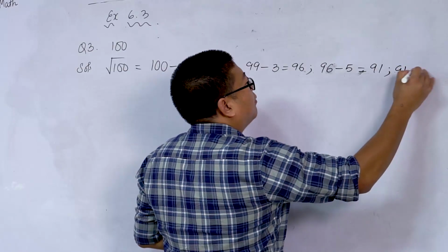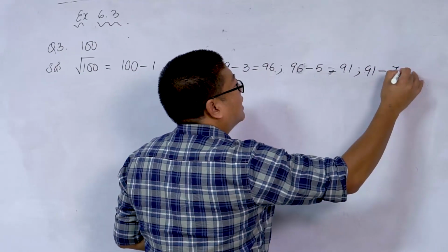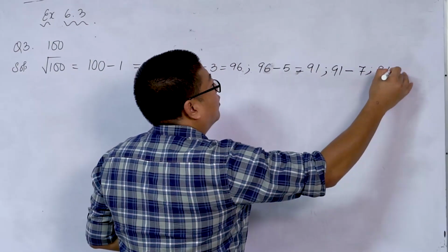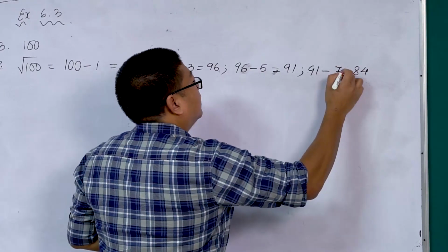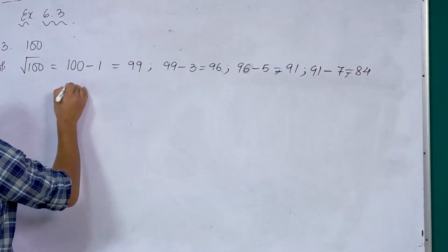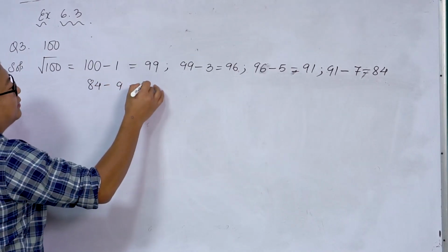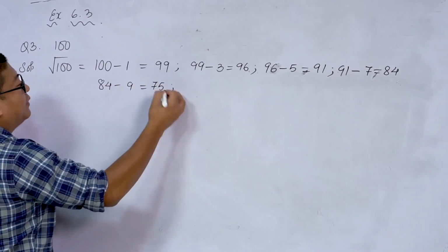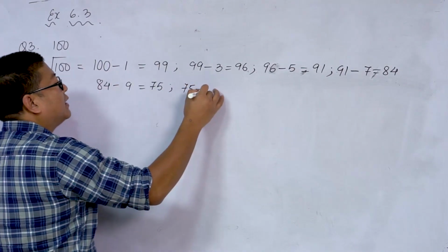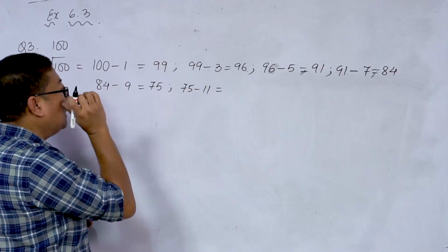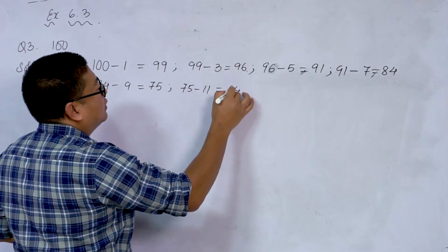Then 91 minus 7, you get 84. After this, 84 minus 9, you get 75. So 75 minus 11, you get 64.